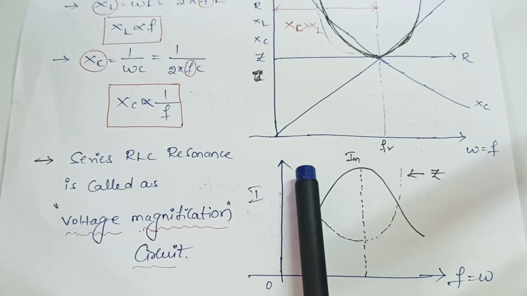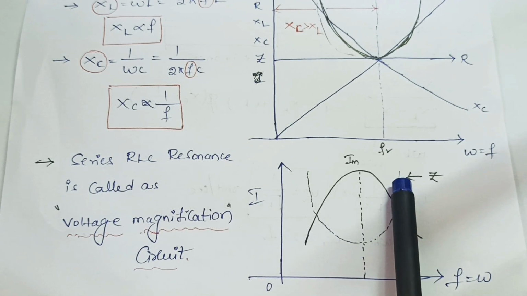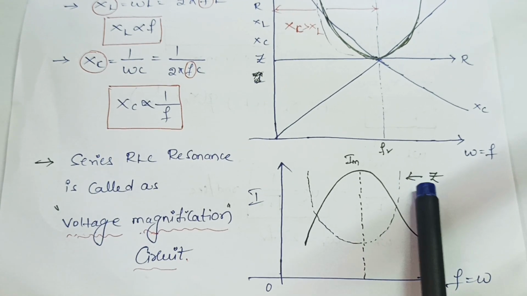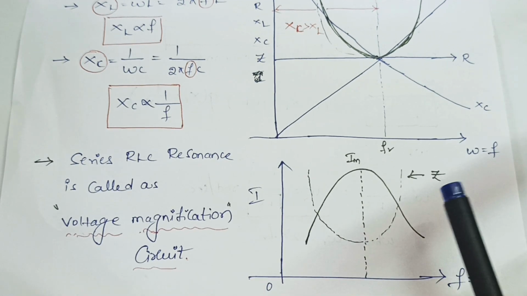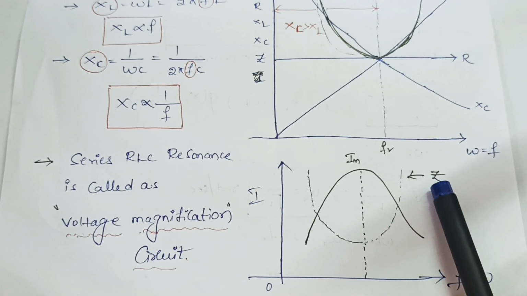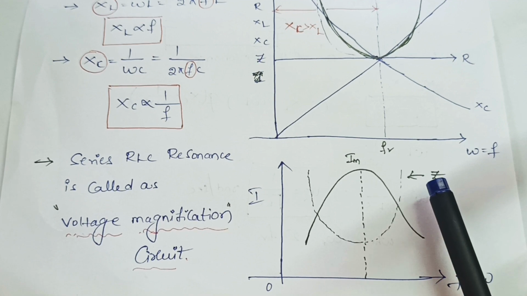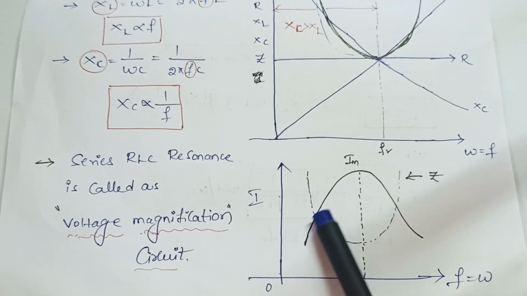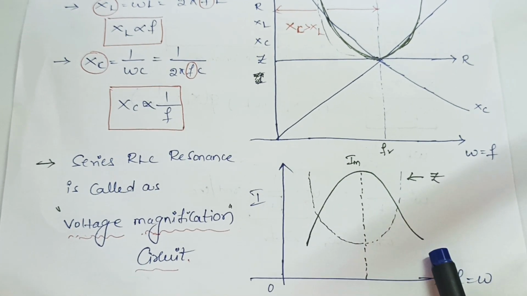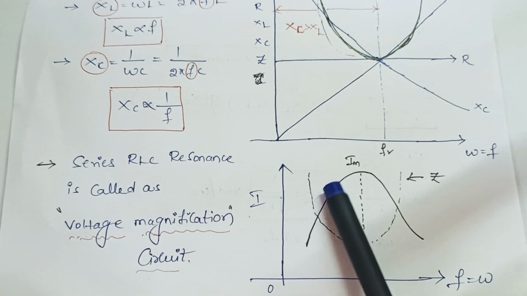If you take the parabola curve from the above graph, this is the parabola graph from the resultant of the above graph. Z is inversely proportional to current, because I is inversely proportional to Z. Simply, I am taking the inverse parabola curve for current.